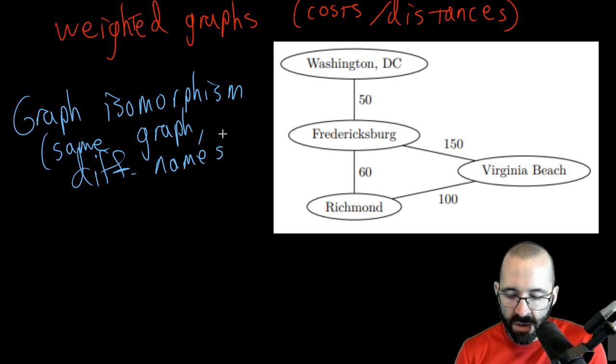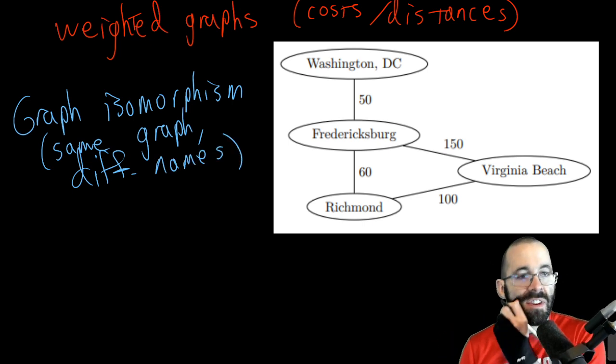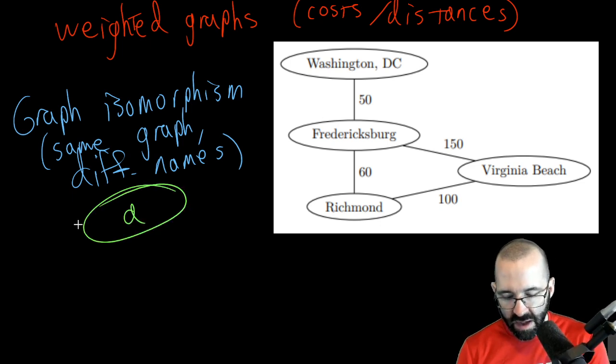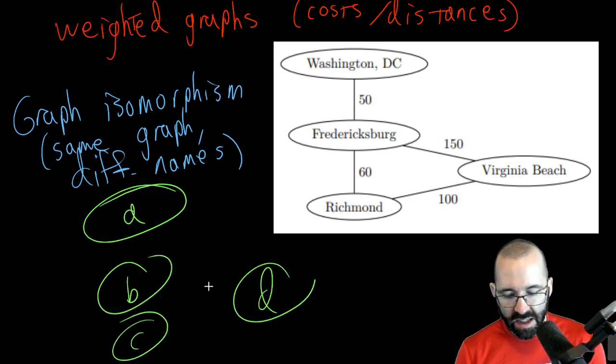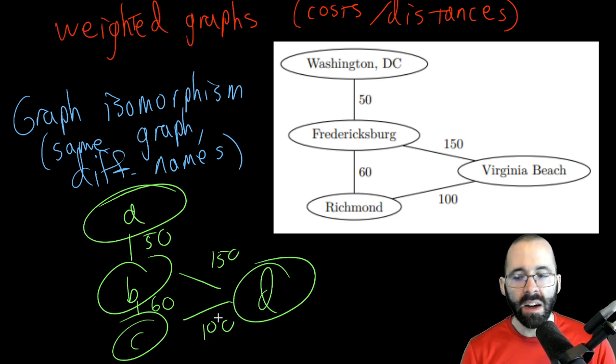So if I wanted to, maybe I make this other graph, and let's say we have node A, node B, node C, and node D over here, and maybe it's 50 to get from here, and then 60 to get from here, and 150 to get here, and 100 here. Well, okay.